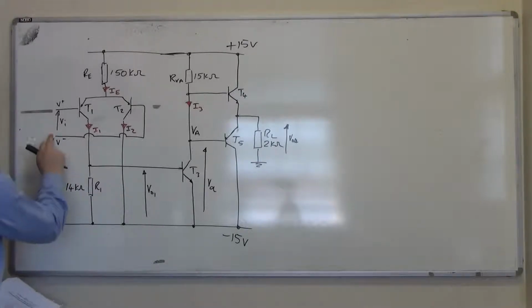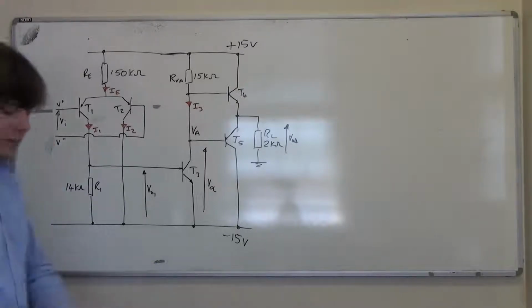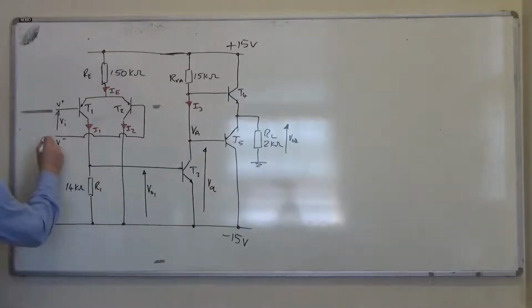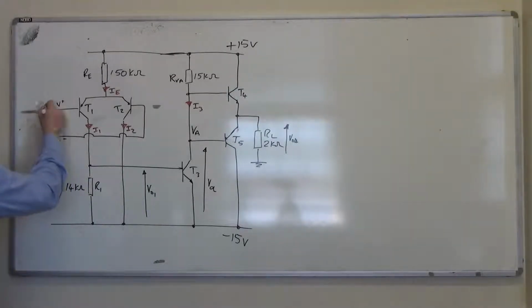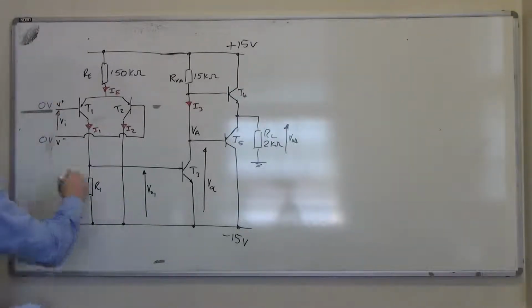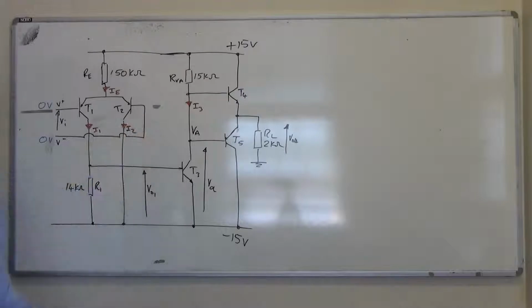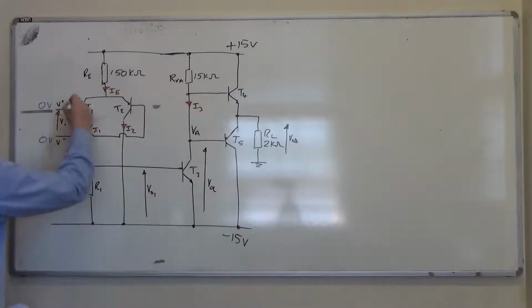I'll draw it in blue, because then it will look different to the diagram. This is 0 volts. This is 0 volts. If they're both 0, and all these transistors should be in their forward active region, possibly except 4 and 5, which should be off unless there's a signal, there must be 0.7 volts here.